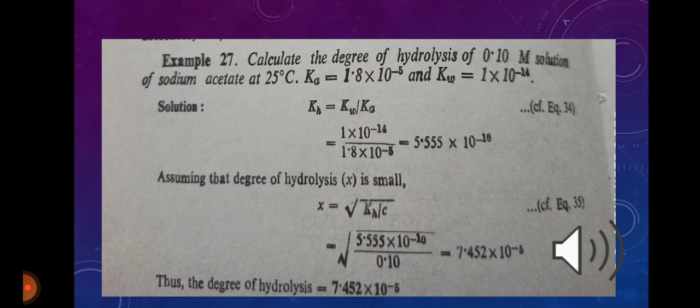So with Kh, the hydrolysis constant, equal to 5.555 into 10 to the power minus 10, divided by the concentration 0.10, that is equal to 7.452 into 10 to the power minus 5. Thus the degree of hydrolysis for the reaction is 7.452 into 10 to the power minus 5. In this way we calculate the degree of hydrolysis for the reaction if the values are given.